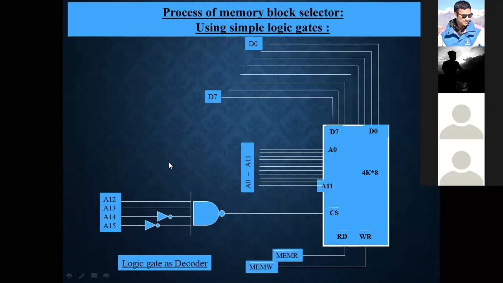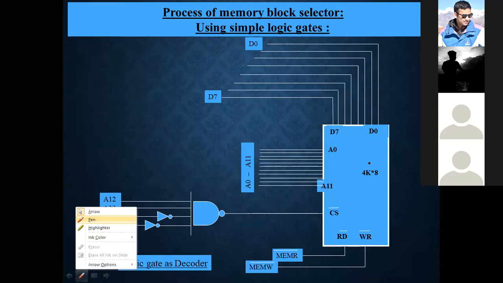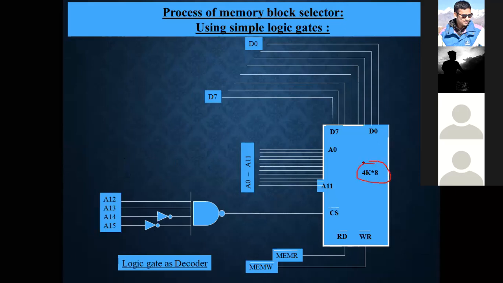Just see, this is the size of the RAM. Now here, how to understand from the figure whether it is RAM or ROM? How will you understand whether this is RAM or ROM?